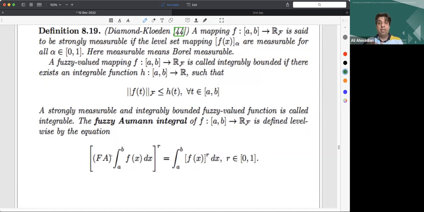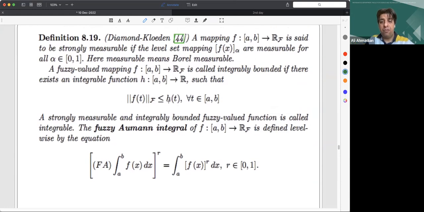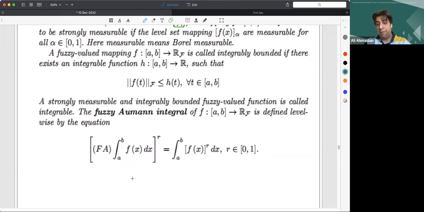This definition tells us that if we have a fuzzy function which is integrable, and we want to define the fuzzy integral, so if the norm of this fuzzy function is less than an arbitrary function defined over the Hausdorff distance, then the r cut of the integration of a fuzzy function is equal to the integration of the r cut, so we can insert the r cut under the fuzzy integration.